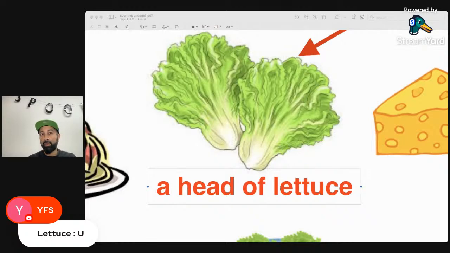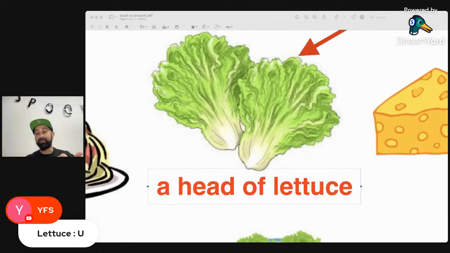So now we can think. Here's your next trick. Here's your next tip. Any vegetable that has a leaf, any leafy vegetable is going to be uncountable.